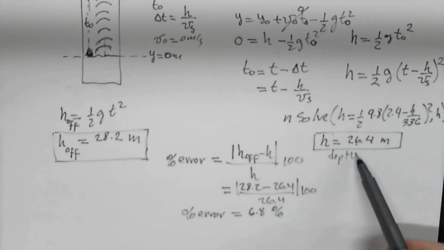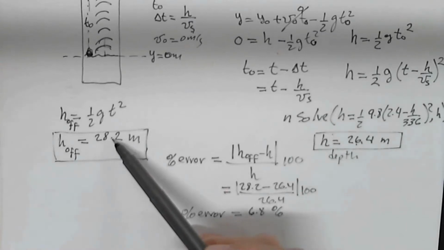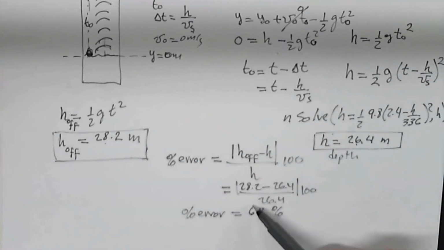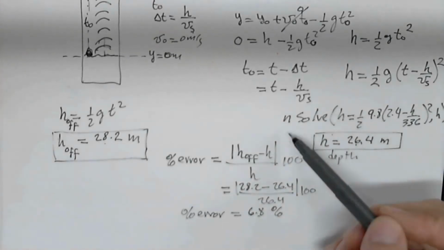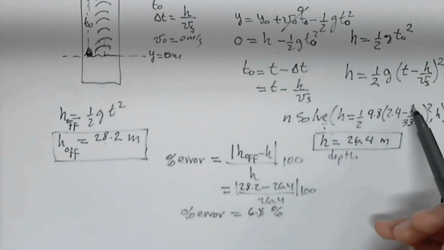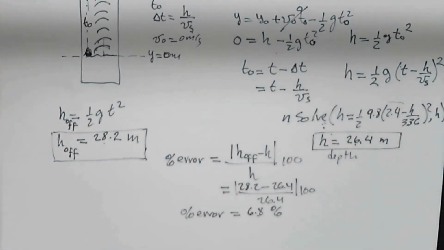So the actual depth is 26.4, and if you don't consider the speed of sound, you get 28.2, which is 7% off. Now we will show you how to do this analytically, without using nSolve, without solving this question numerically. It's a quadratic equation in H, and that's what we are going to do next. But if you are interested in just the answer and you are allowed to use the calculator's numerical features, that is it.